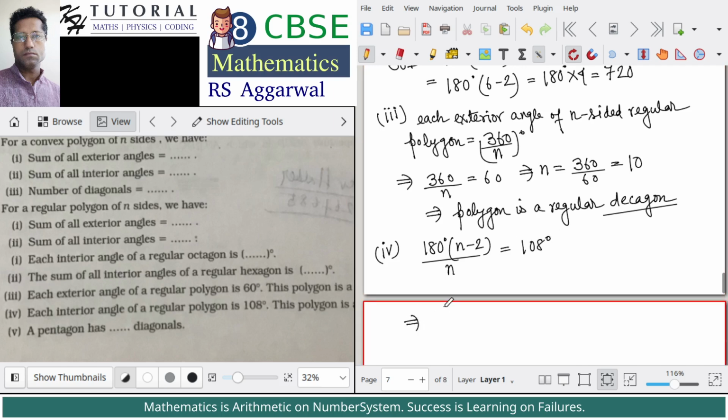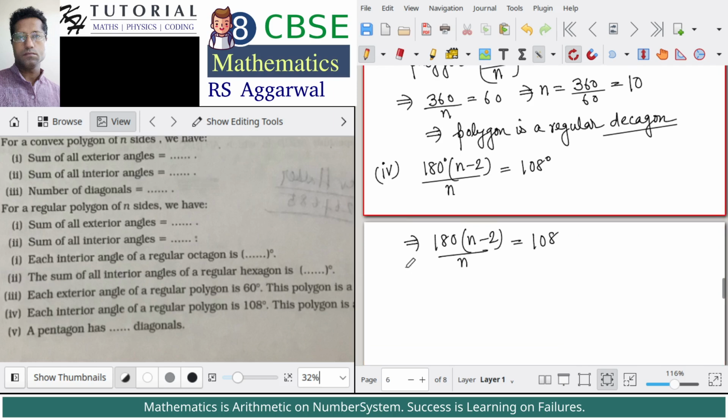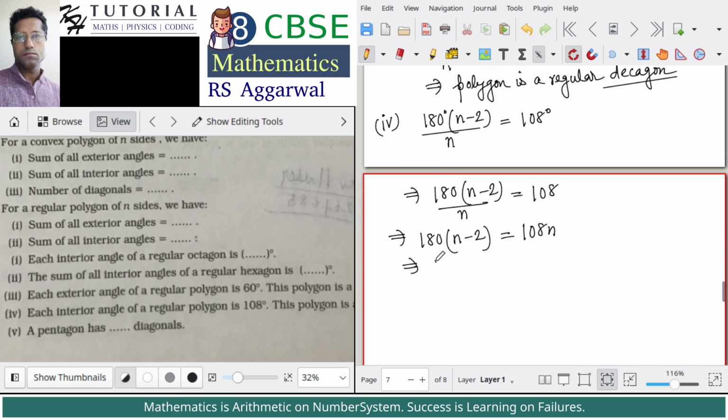So this implies, if we ignore the degree, 180 multiplied by n minus 2 divided by n is equal to 108. We have to solve for n. Doing cross multiplication, we have 180 multiplied by n minus 2 is equal to 108 n. Simplifying the LHS, we have 180 n minus 360 is equal to 108 n.